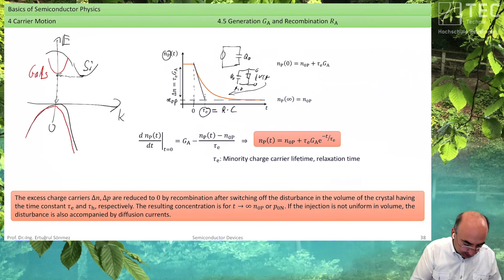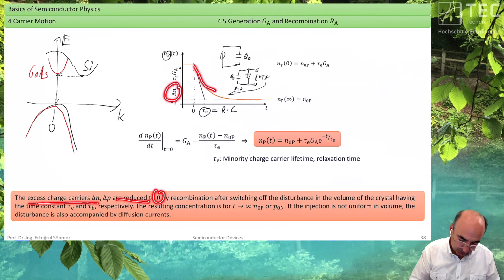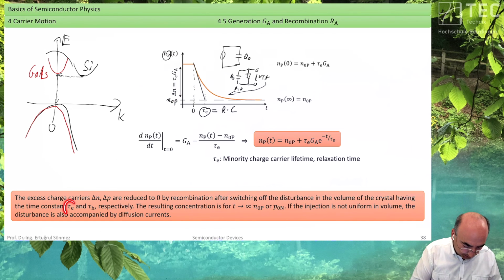So the excess charge carriers are reduced to zero by recombination after switching off the disturbance. So after zero, the generation is zero, additional generation rate in the volume of the crystal. And the time constants define the slope of this reduction.